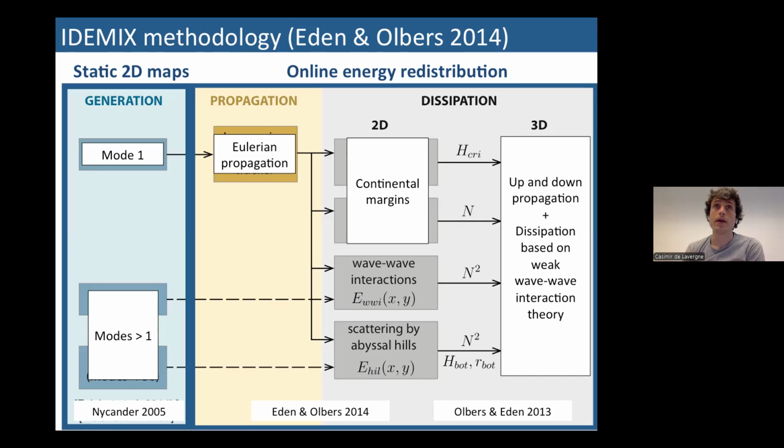In the end, I have an annual mean map of dissipation. So there is no problem of synchronicity, because each beam is independent and it's done on a climatology. There is no time, basically. Time doesn't matter in my calculation because it's just going from one grid cell to the next and dissipating.